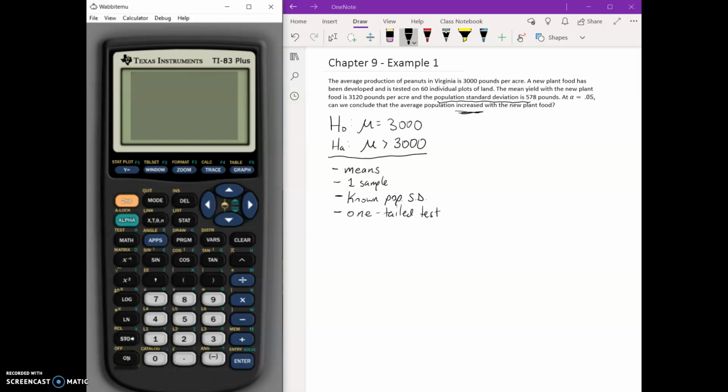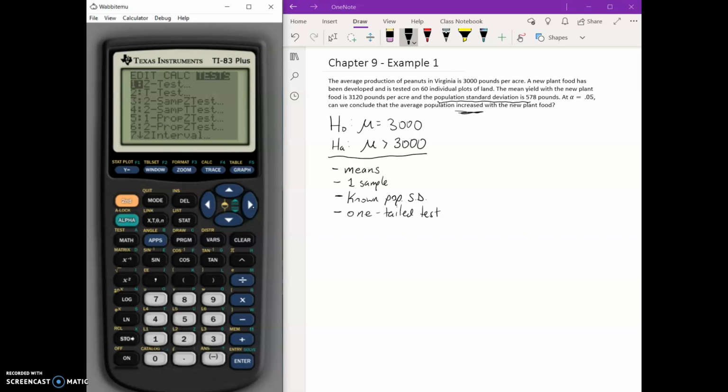And then where we're going to be going is we're going to use the stat button. The stat button is going to be our go-to spot for all of our hypothesis testing. So you'll press stat, and then you're going to press the right arrow. We have used the calc option, but we're going to move on to tests. So this very first test that we see here is called the Z-test.